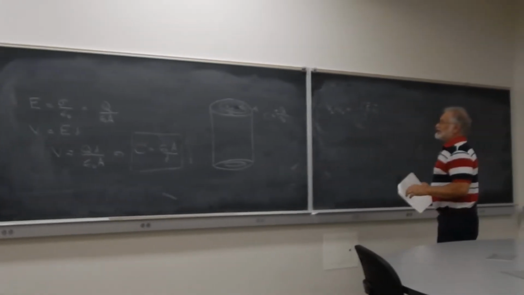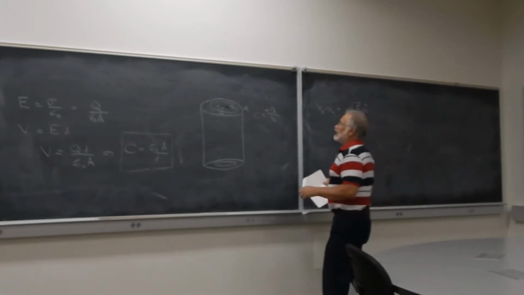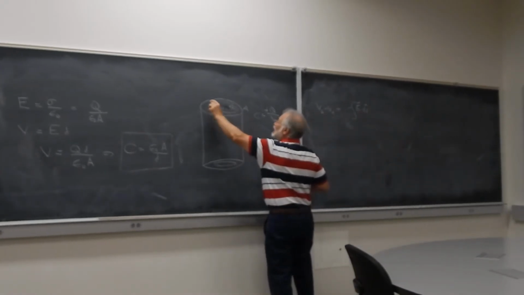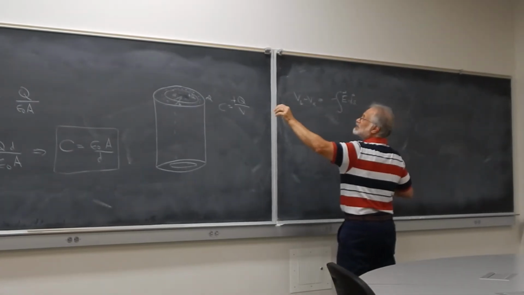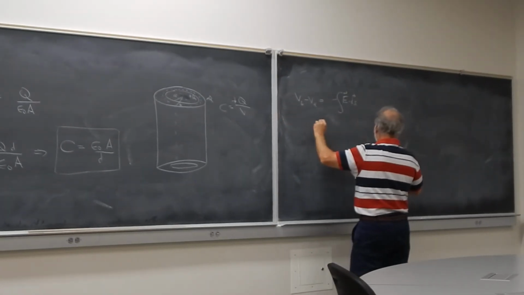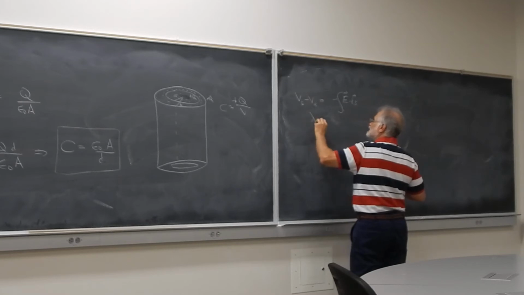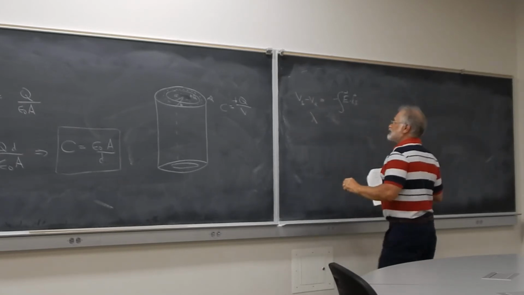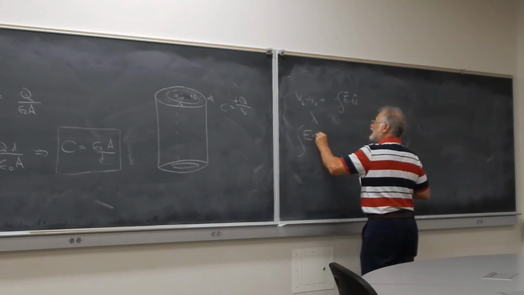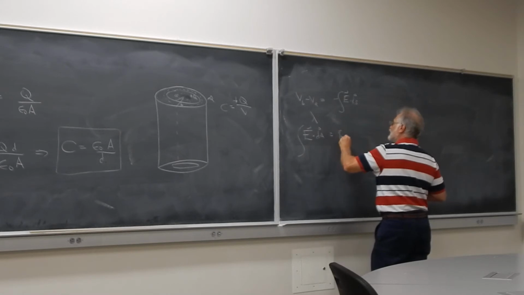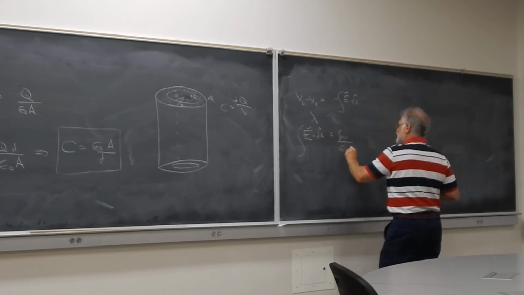The electric field for a cylinder, you remember from Gauss's law, I draw a Gaussian cylinder in between the two cylinders. Let's assume that we have a constant charge per unit length of lambda. So by Gauss's law, remember E dot dA is Q enclosed over epsilon naught.